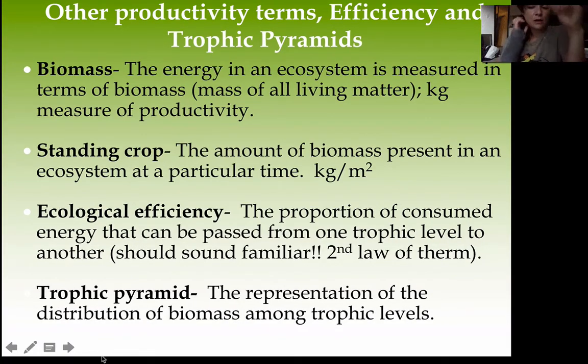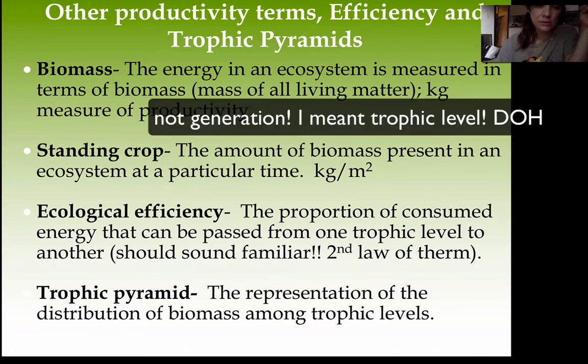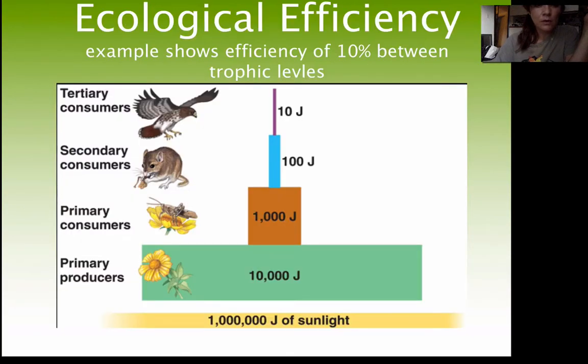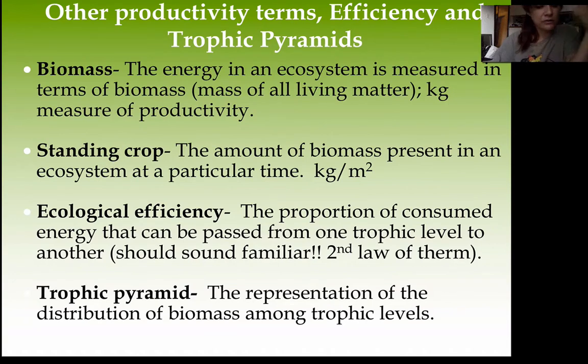Ecological efficiency, we'll talk about that because that's kind of important. How much energy is essentially conserved from one generation to the next, or how much is consumed from one generation to the next. And then now we can look at trophic pyramids, which we have looked at before.